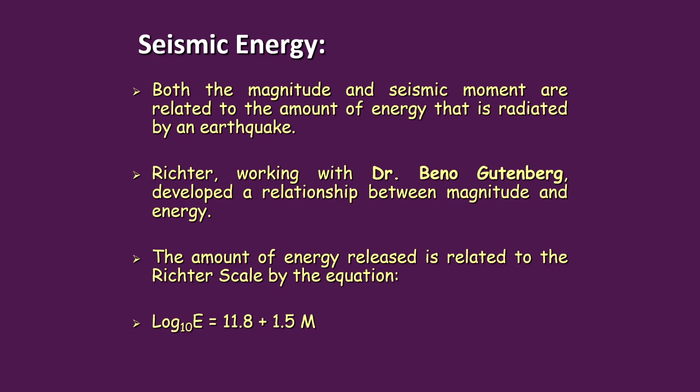If you put in the magnitude here, you will be able to get the energy released. Many scientists use this equation to understand how many earthquakes of a particular magnitude are required to equal the energy released by a larger one. For example, how many magnitude 5 earthquakes would be required to equal the energy released by an earthquake of magnitude 6. That can be done.